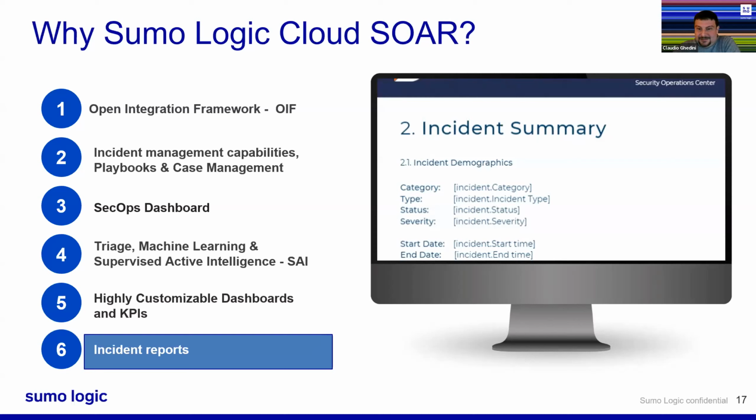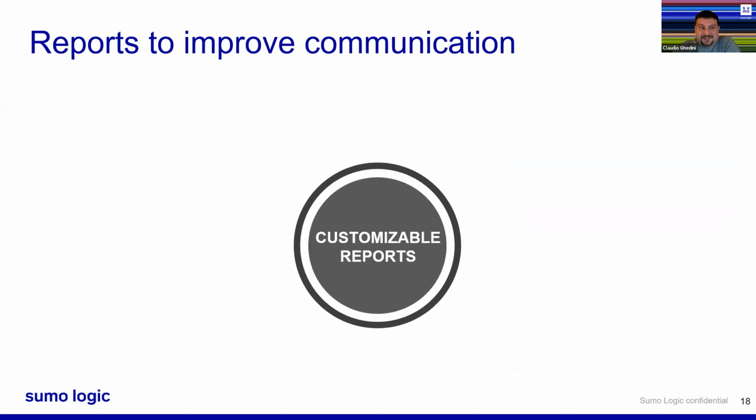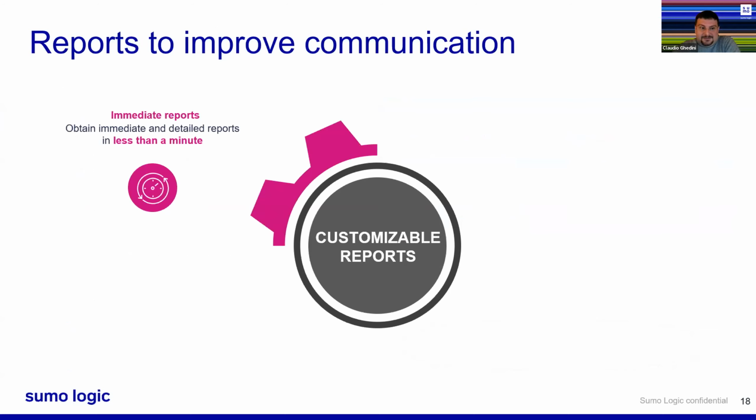And the last point is the incident report capability of the platform. Reports are very helpful to improve communication within the team and also with external teams and stakeholders. Through Cloud SOAR, you can create a very quick and detailed report in less than a minute.